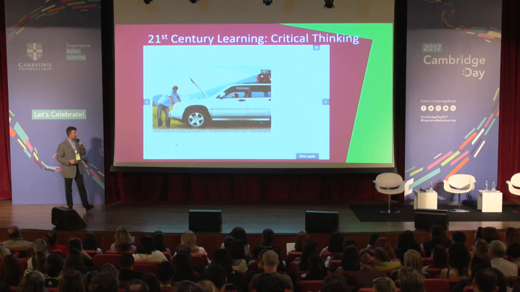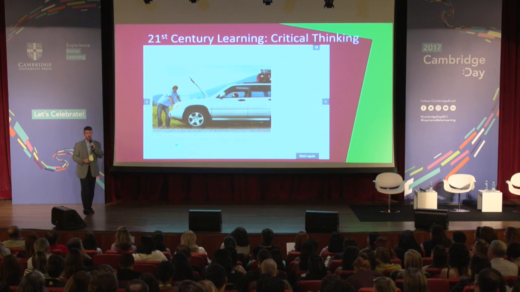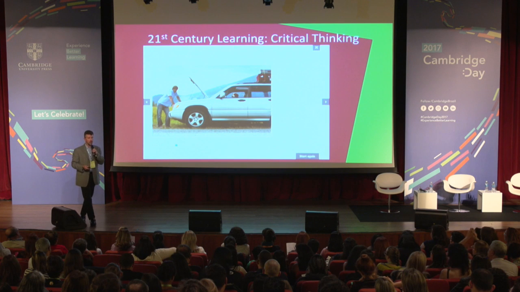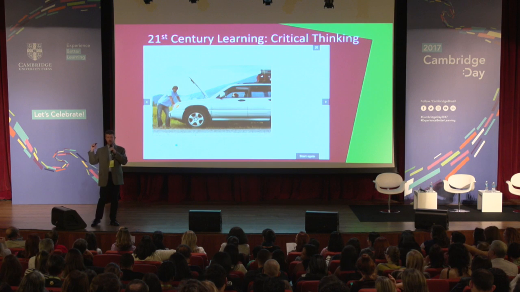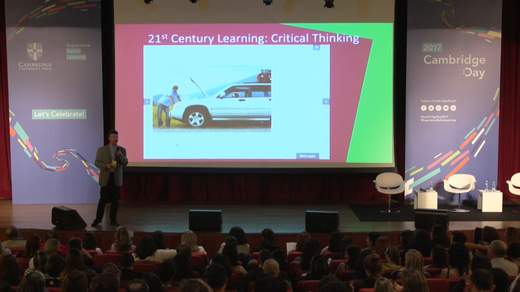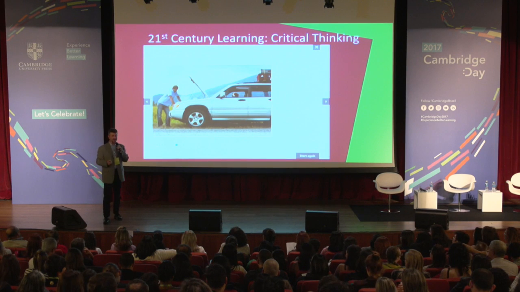Good. What is this gentleman's problem? Car broke down, right? His car broke down. Good. What can we do to help him? Call the insurance company. What else? What would you do? Call the insurance. Good. Call my father. Good, good.